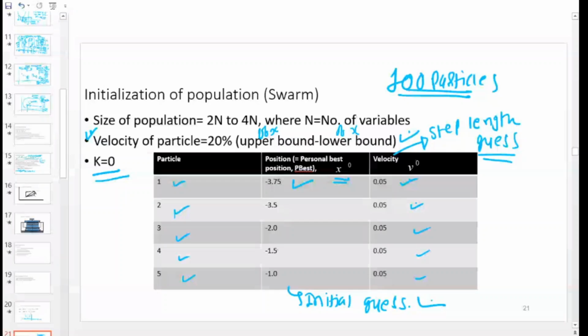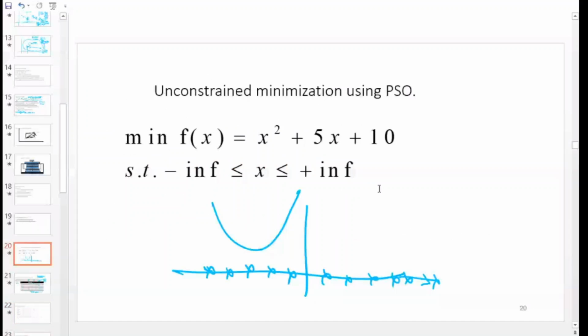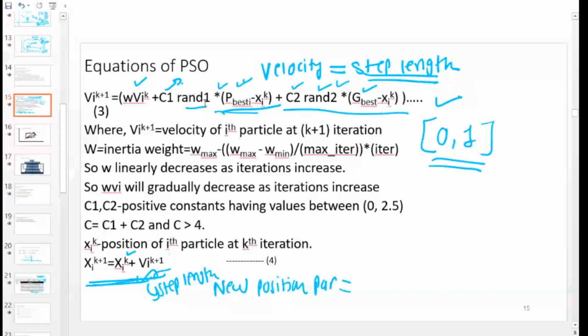But in a practical case, these R1 and R2 are randomly generated, and you have to write a computer program. Of course, we will see the MATLAB coding. I want to highlight that point. As I told you, this is the random number, and it is multiplied with this subtracted value.